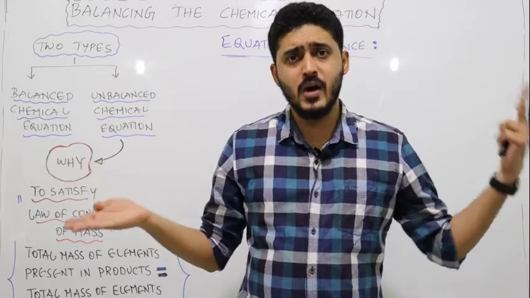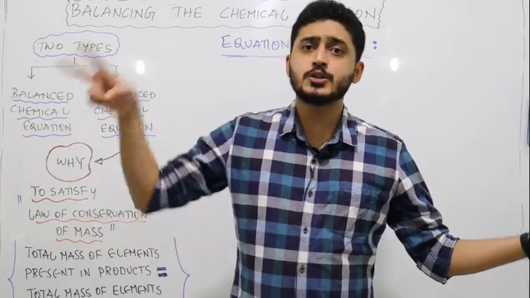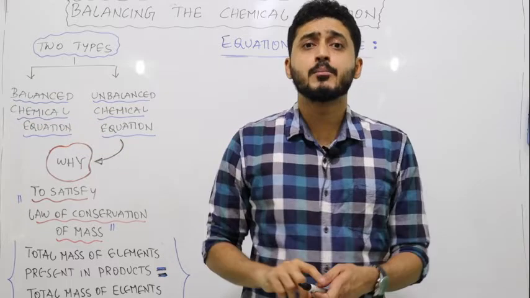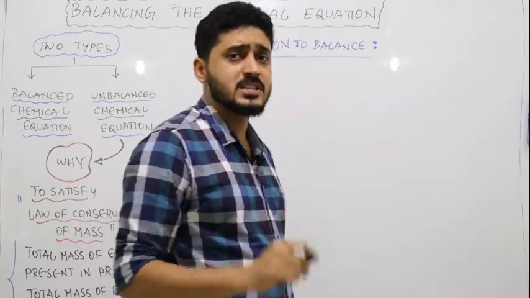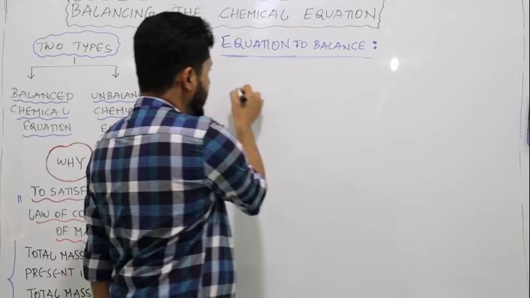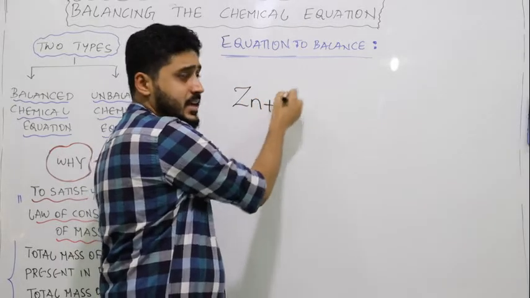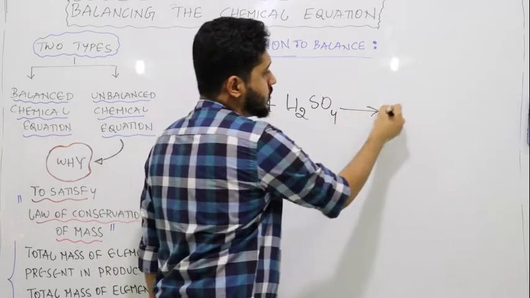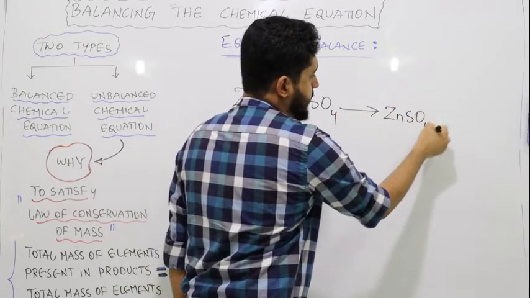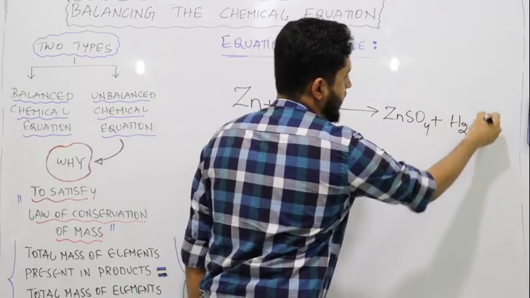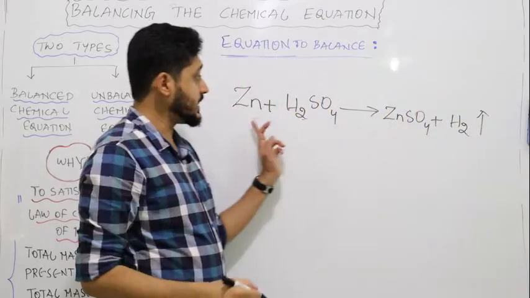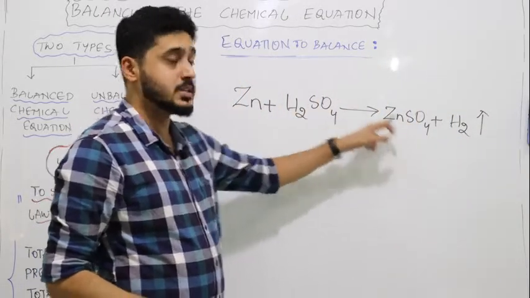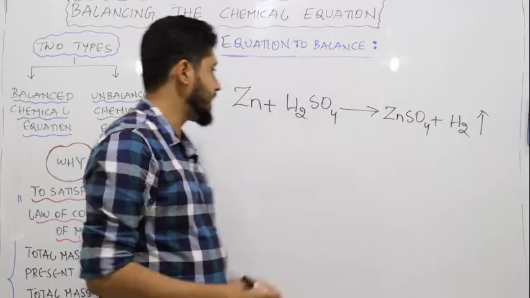That means if there are 2 atoms of zinc in the reactant, there should be 2 atoms of zinc in the product. In the last session we saw one example where zinc reacts with sulfuric acid to give zinc sulfate and hydrogen gas.